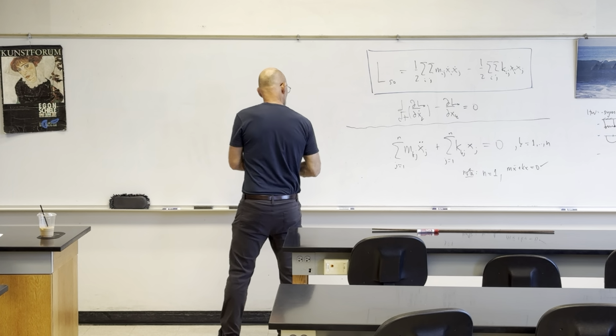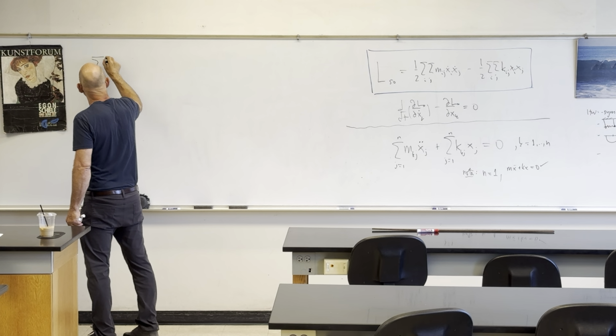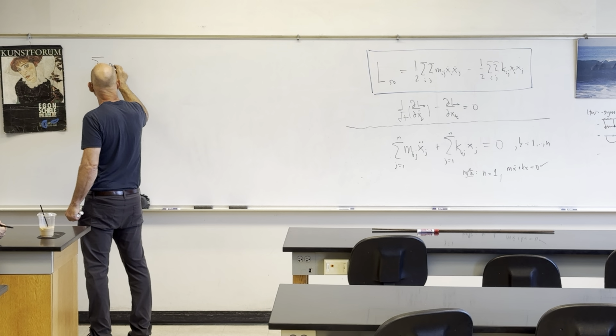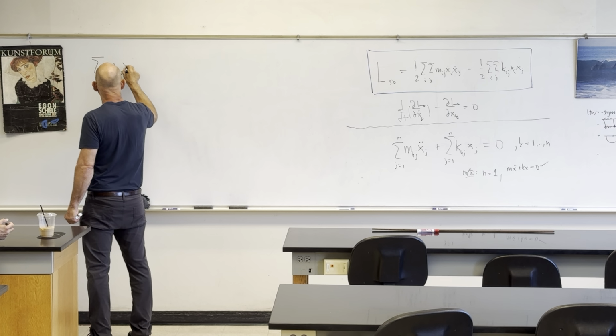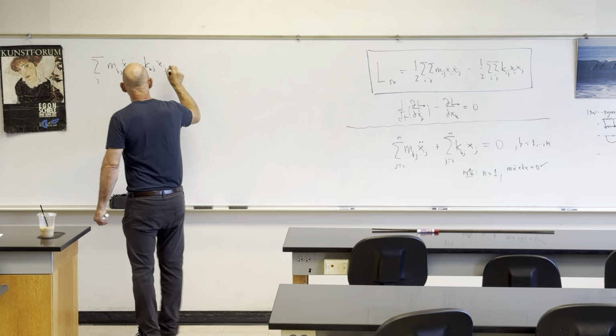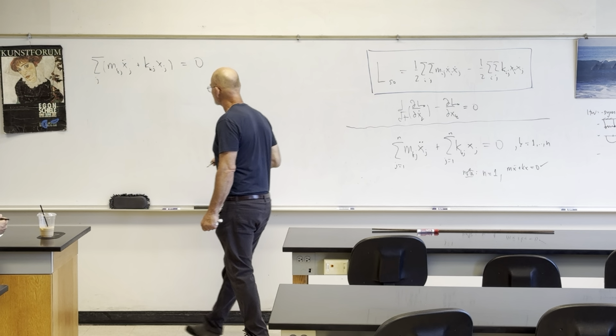I'm going to rewrite this thing like this: sum over J, M_ij x_j second derivative plus K_ij x_j equals 0.